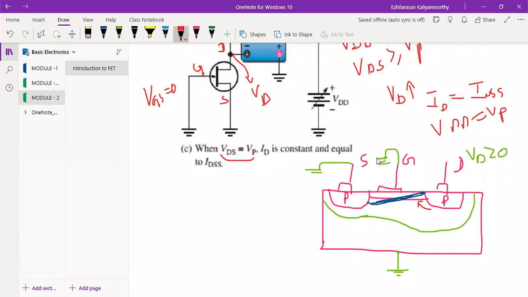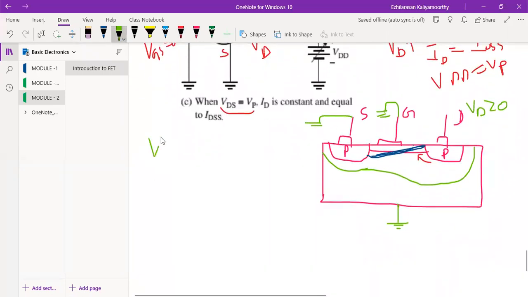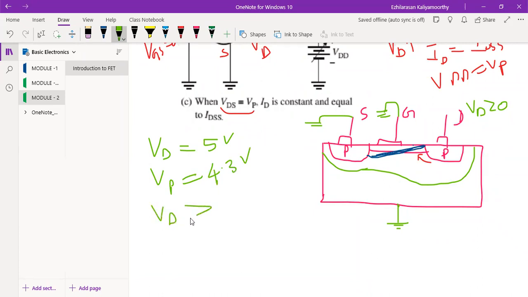So you may think, where is the pinch-off voltage? Simple. For example, consider VD equal to 5 volts, and your pinch-off voltage as 4.3 volts. Means when VD is greater than or equal to VP, then your drain current ID will be IDSS.